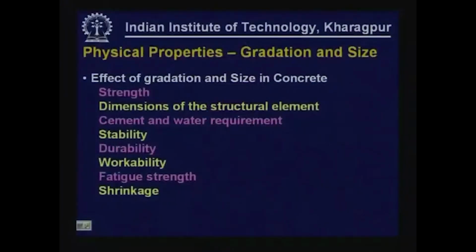It also affects the cement and water requirement in cement concrete. It affects the stability, durability and workability of the concrete. It also affects the fatigue strength and the shrinkage of concrete.